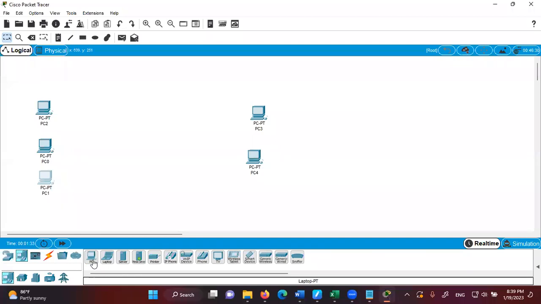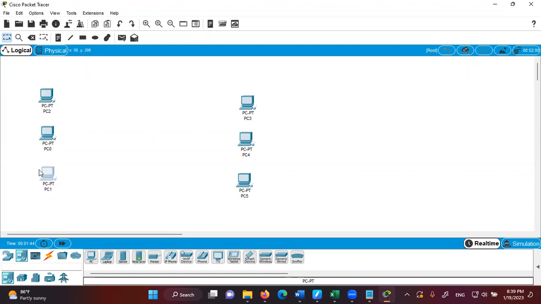So children, we can add computers like this. And we have to add a switch. And I'm going to create two separate networks, right? So we have to use a straight cable to connect a computer with the switch.